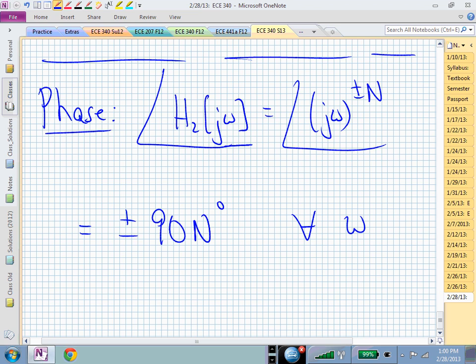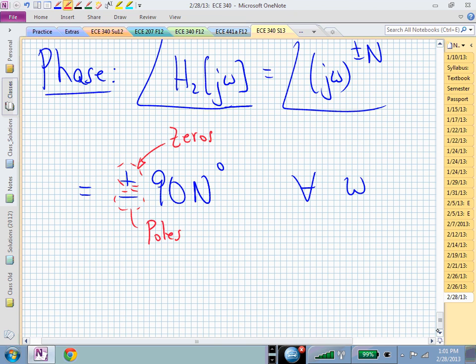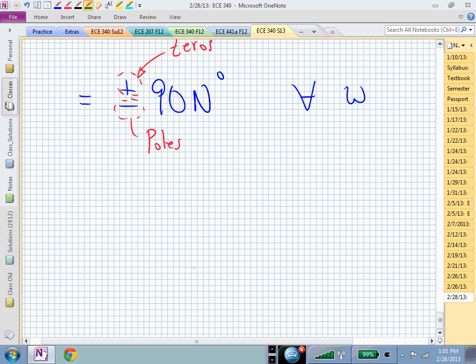With the negative, that's if we had poles, and the positive if we had zeros.